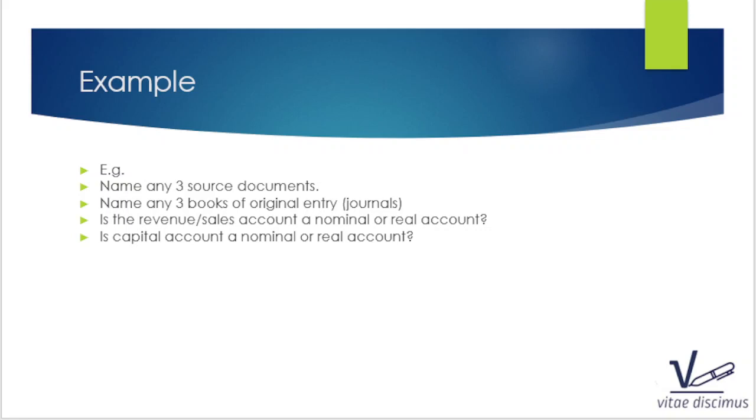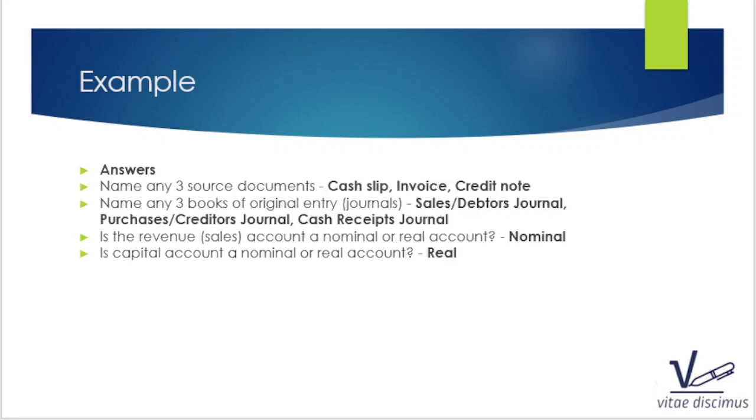So just to provide the answers to close this off, here are the answers. Three source documents we can look at: here we just put in cash slip, invoice, credit note, but these are not the only source documents you can identify. I'm sure you've identified others.